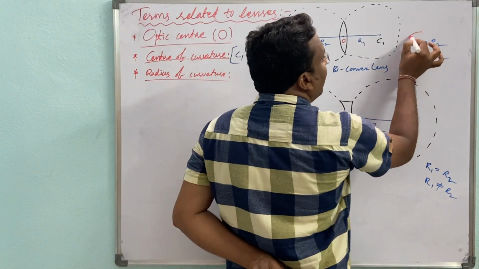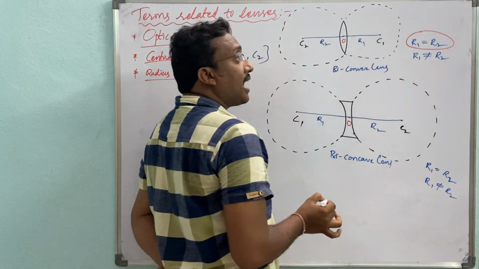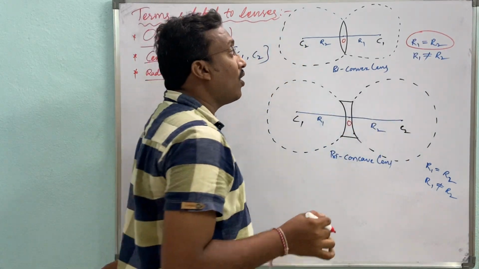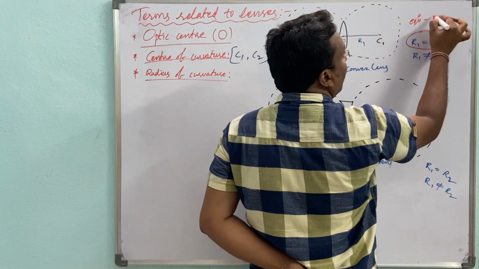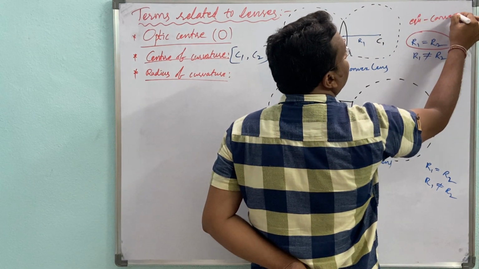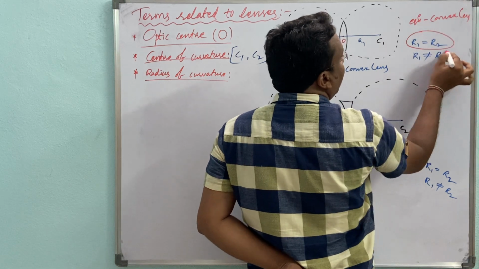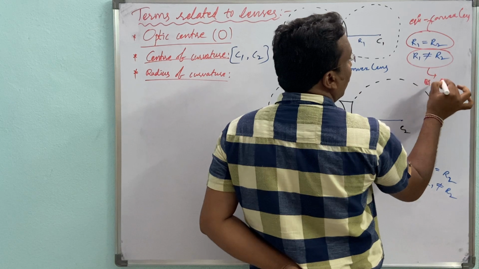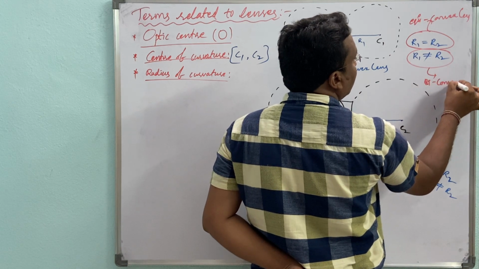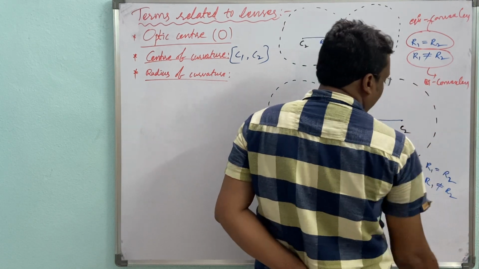Based on this concept, if a convex lens has equal radii of curvature, it is called an equiconvex lens, right? If they are not equal, we simply call it a biconvex lens. Got it?